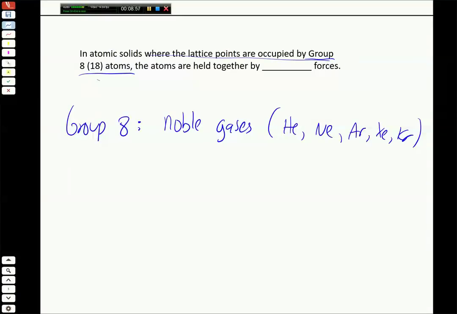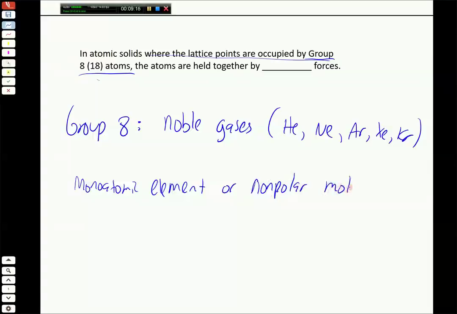Anytime you just have a monatomic element or nonpolar molecule, the only forces of interaction between the atoms are going to be the London dispersion forces.